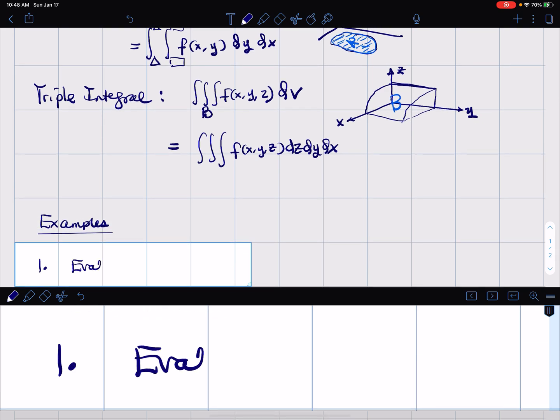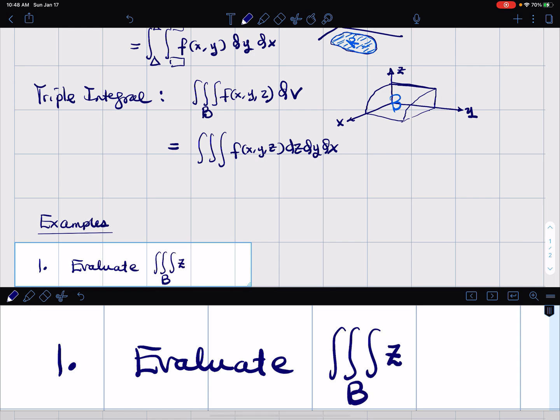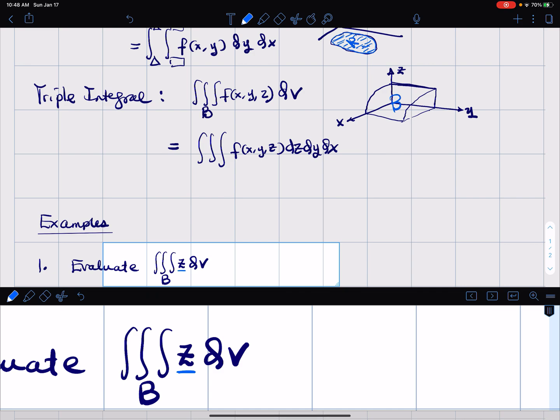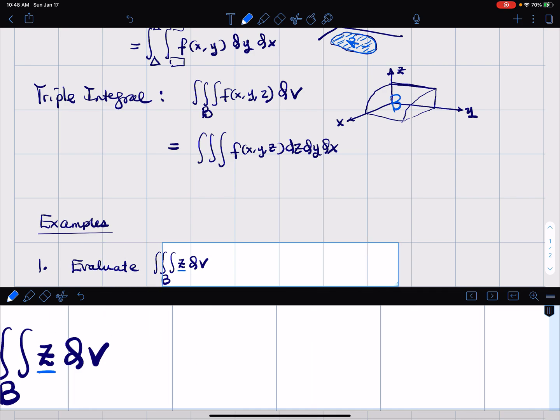We would like to evaluate the integral over B of z dV. Our function of three variables is just z. Our f of x, y, z is just z.